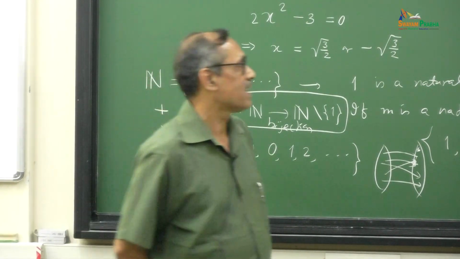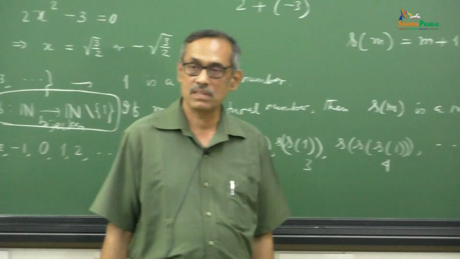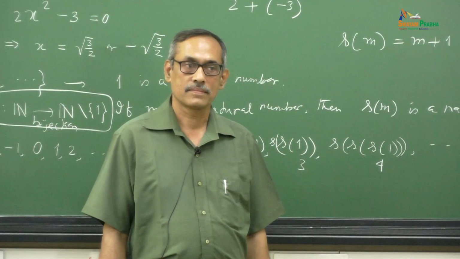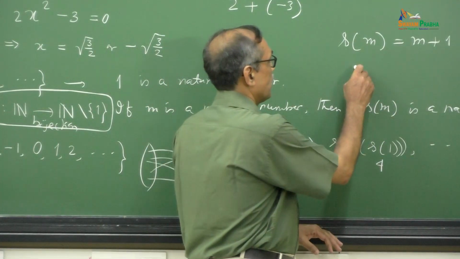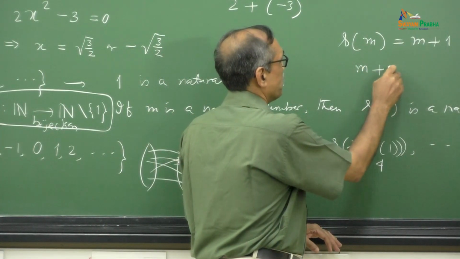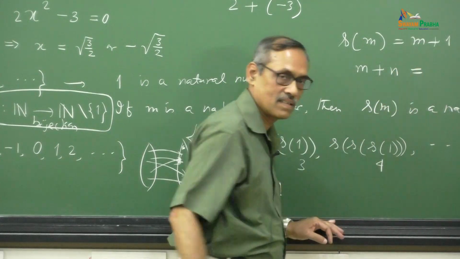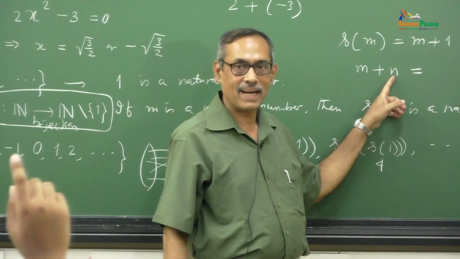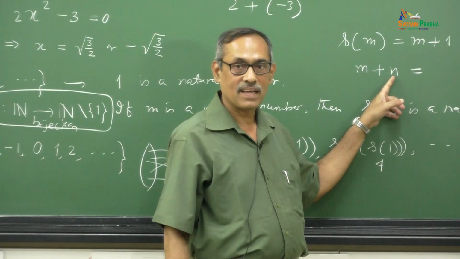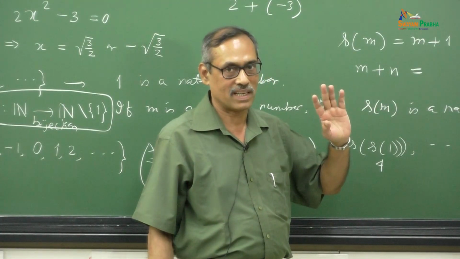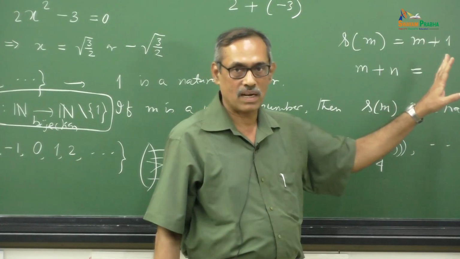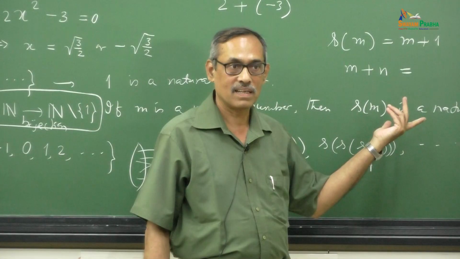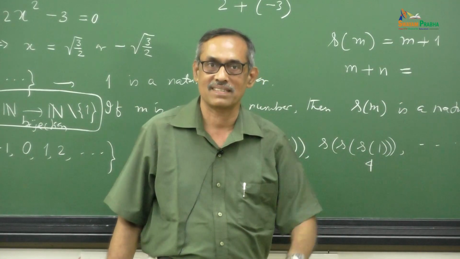Then how do you define others from this, by repeating this? Say you are defining m plus n. How do you define this? Wait, one second. What we have defined is plus 1, so let us take out that case first.